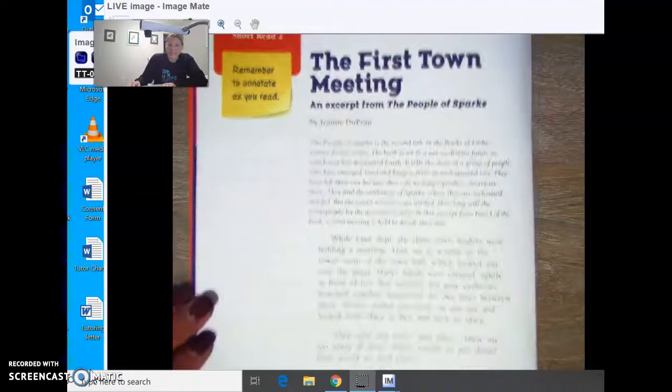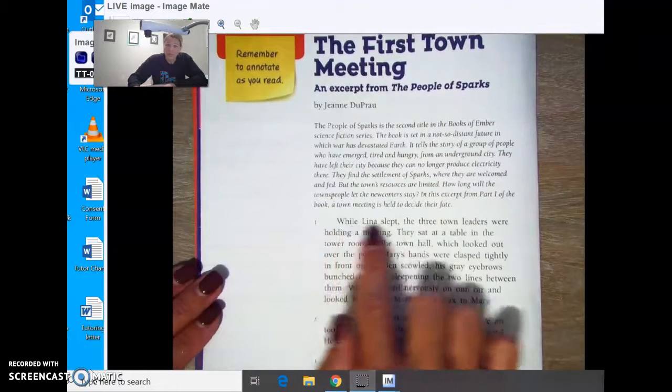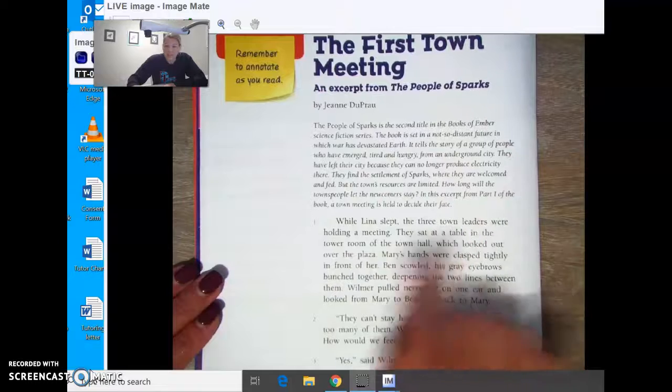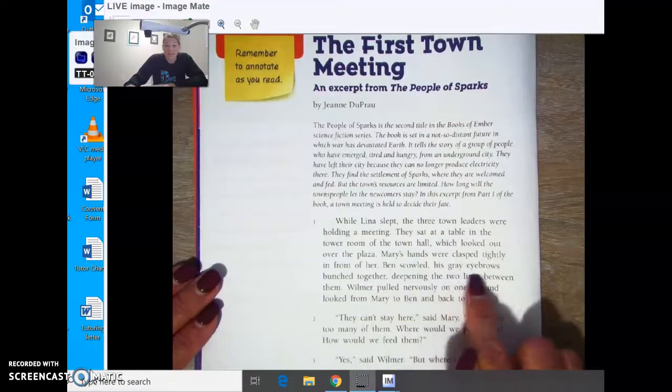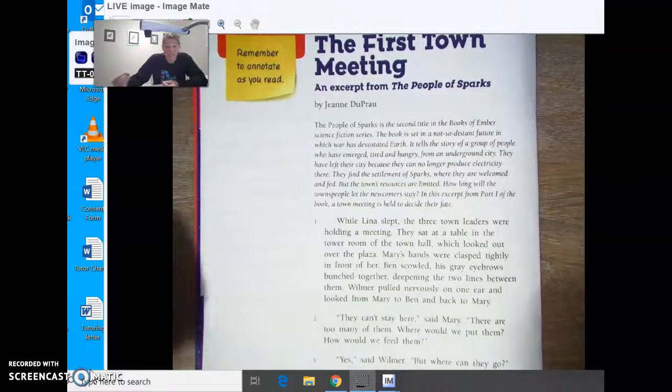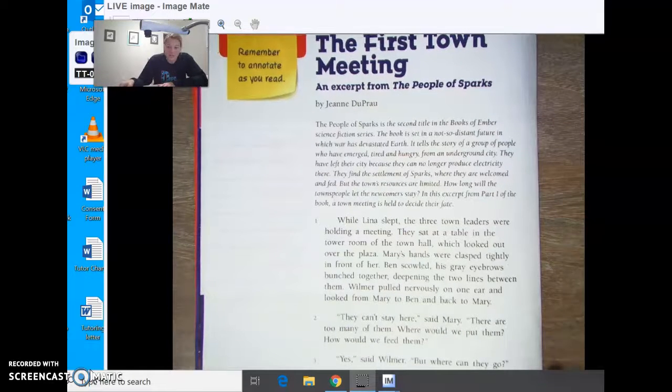So as I skim my text, I'm just looking at some of the words I'm seeing. It looks right now like a narrative. It's like a story. I don't see dates. I don't see numbers to represent data, like things that actually happened, years, numbers, percentages, those kinds of things we see in a nonfiction text.